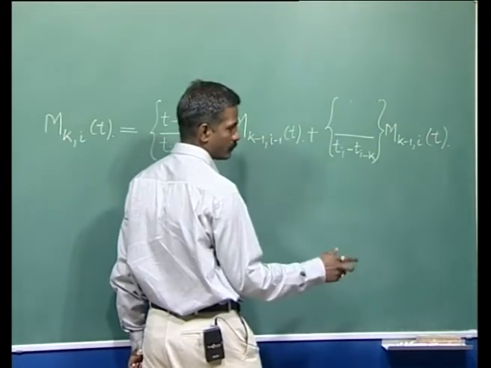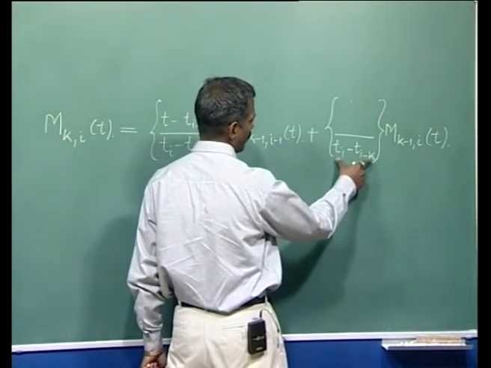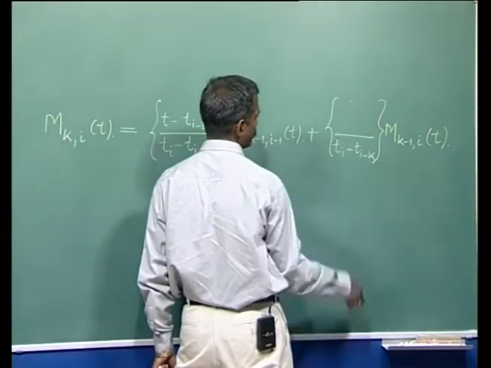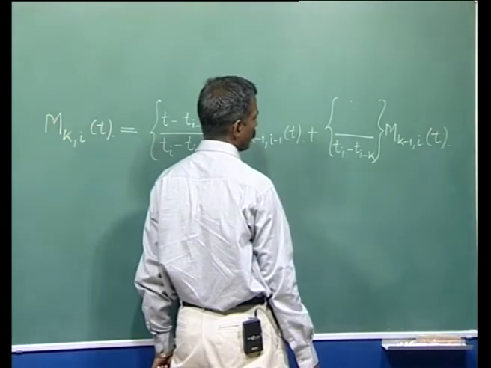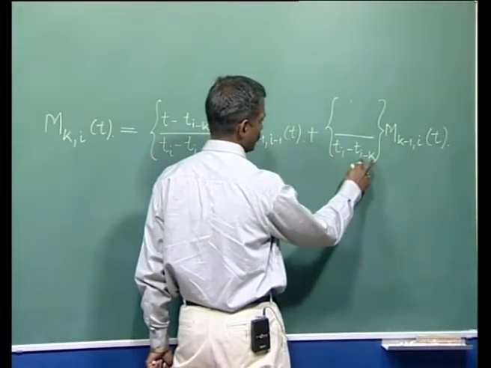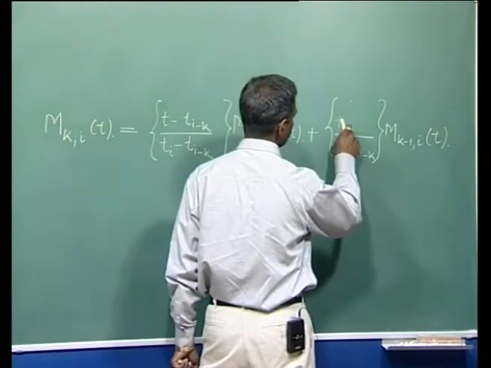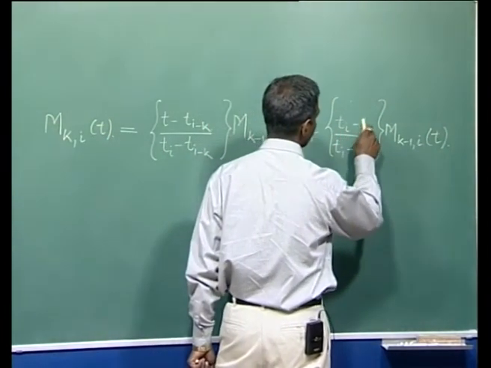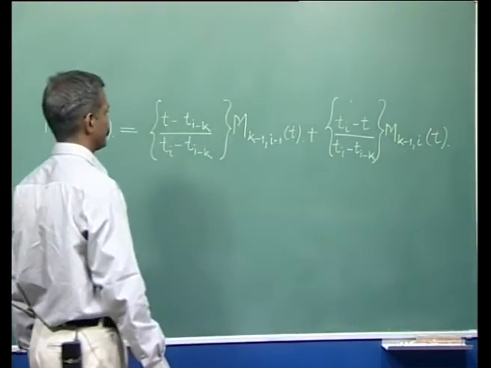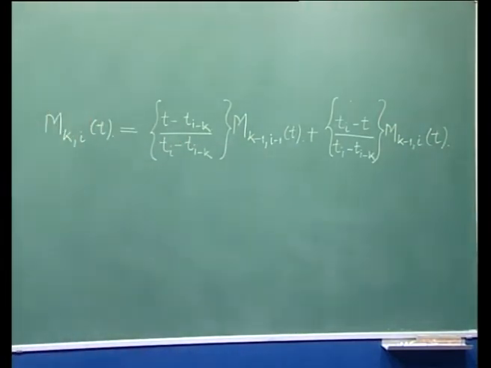I'll do the other way around. I'll copy this expression here and I'll let go of the index here. This will be t_i - t. It will take a little bit of practice for you to understand and remember this, but it is not very difficult.